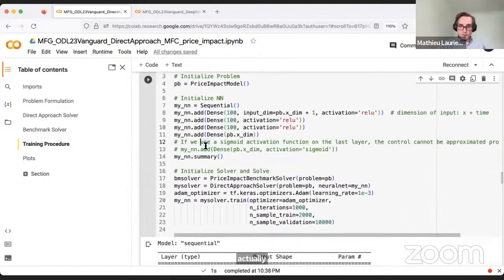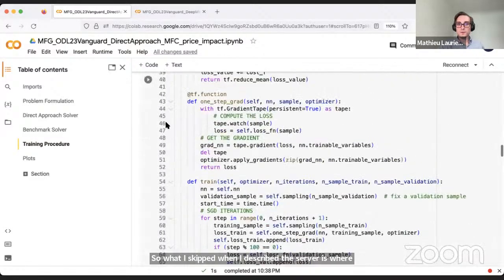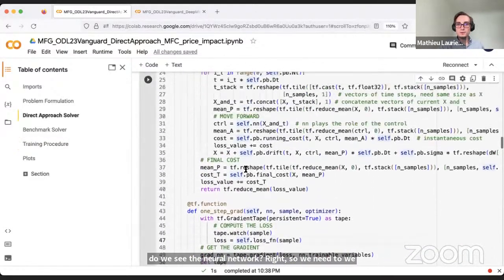I will come back to this comment, and then you use your solver. The one called mysolver.train is going to do the training. What I skipped when I described the solver is where we see the neural network, so we need to discuss a little bit where we see the neural network.